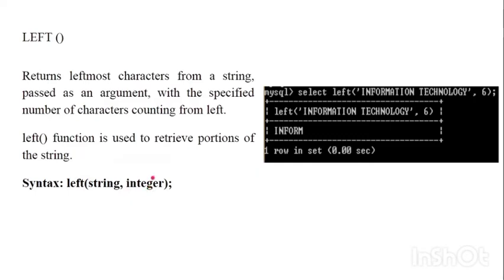Integer is the number of characters to be extracted from this string. So select left in bracket the string information technology comma 6. So from the left side 6 characters are to be extracted: 1, 2, 3, 4, 5, 6. So INFORM.